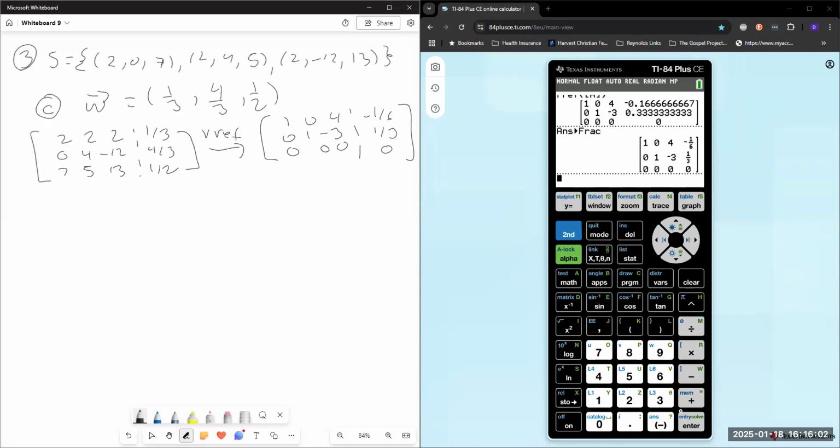So that gives us W equals -1/6 times (2, 0, 7) plus 1/3 times (2, 4, 5) plus 0 times (2, -12, 13).